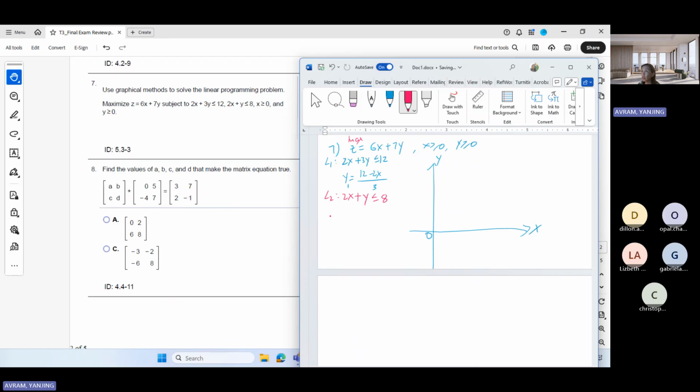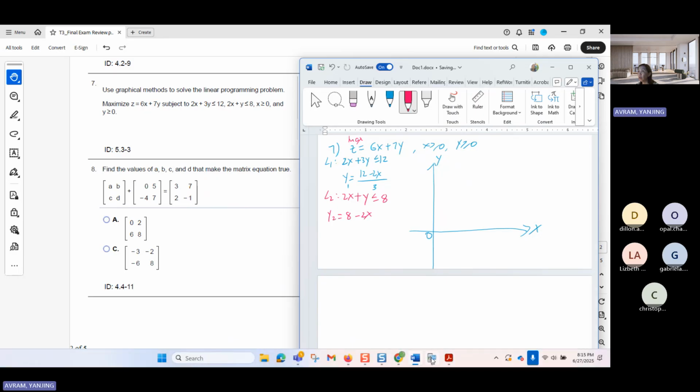Okay, so we're gonna solve this y2. Y2 will be 8, oh, equation is 1. So your y2 here will be just 8 minus 2x, right? And then you can put it in a calculator to graph it.